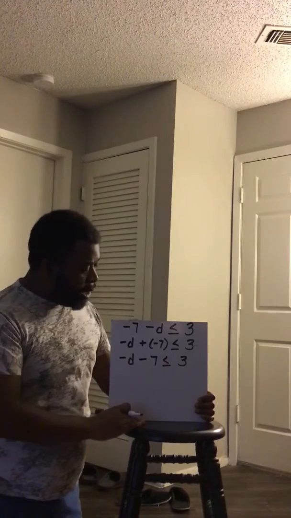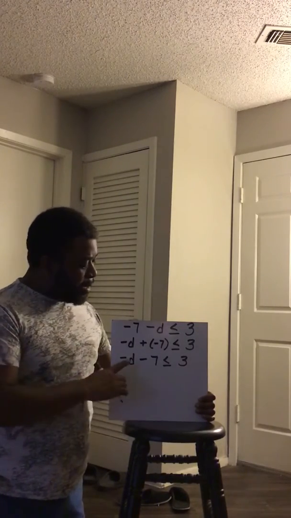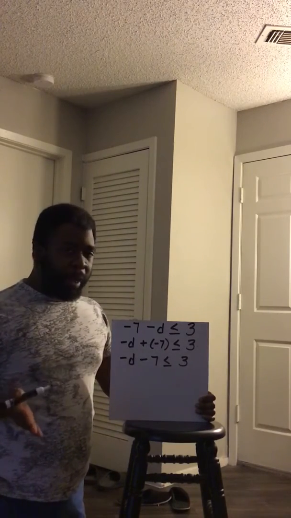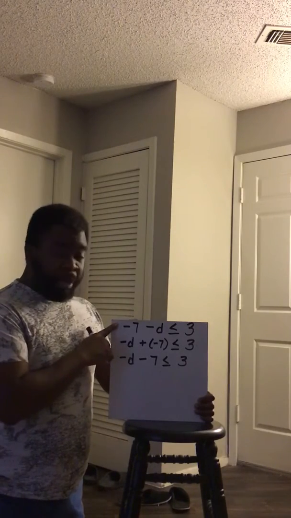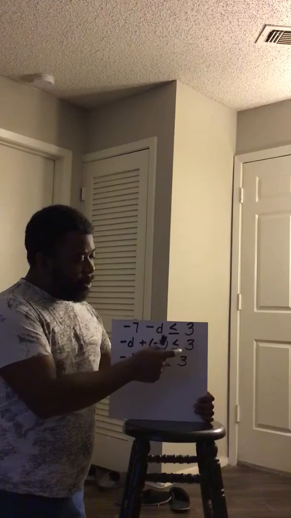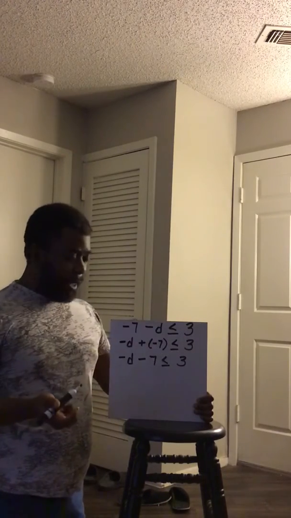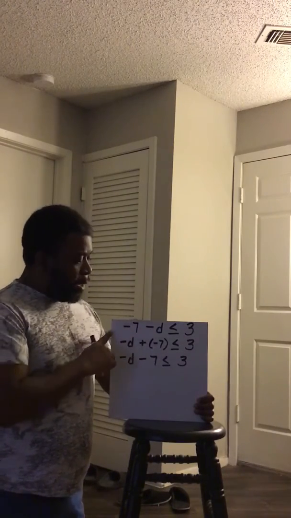I know that this is a subtraction problem. I know that the opposite of subtraction is addition, so I would have to add to get my variable of D by itself. I know that was a little tricky. Stay with me. Remember, all we did is we just rewrote our problem. It started off as negative 7 minus our variable D is less than or equal to a positive 3. I wanted to rewrite that. So remember, subtraction is just adding the opposite. So first, we're going to put the add symbol.